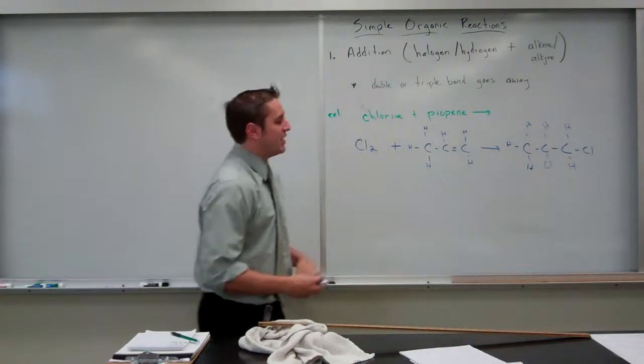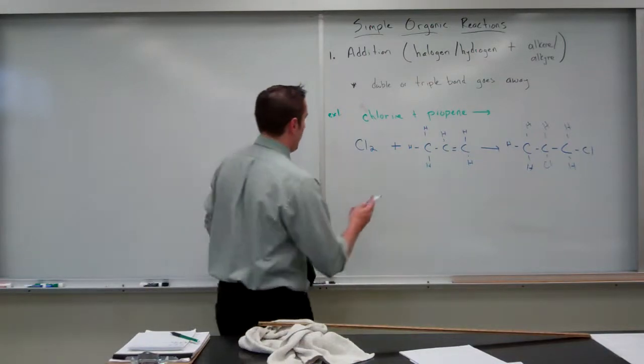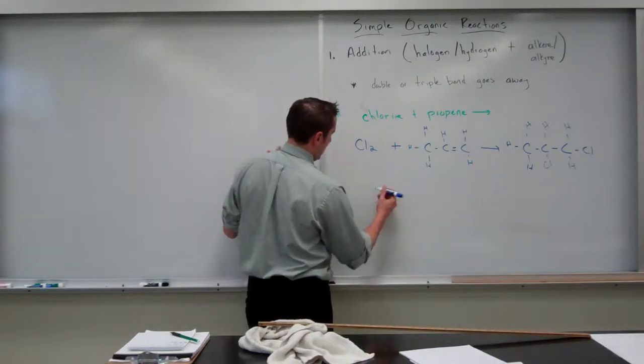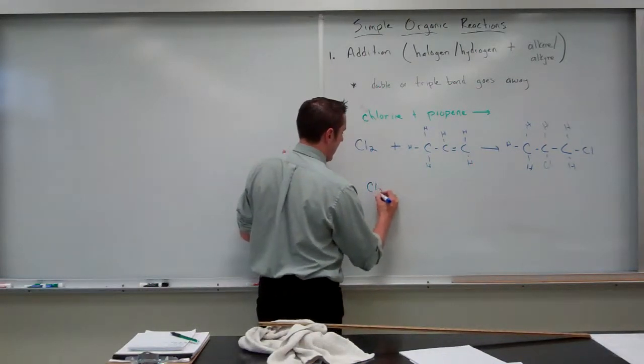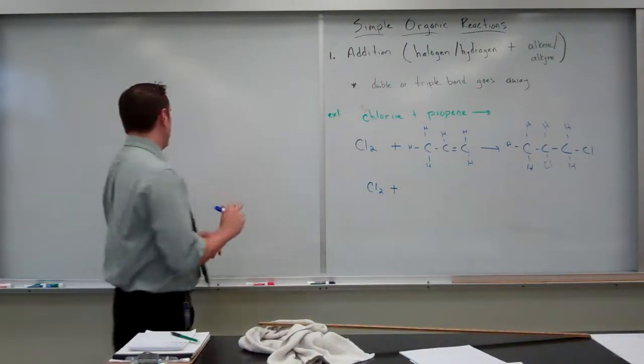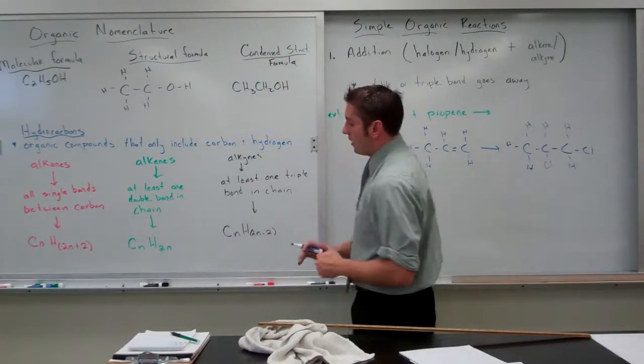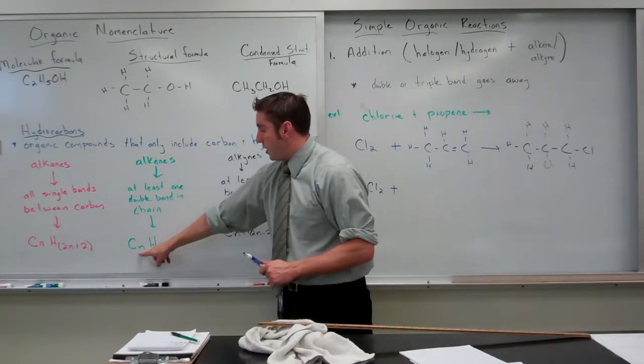The great news is if you don't want to draw this, you do not have to. You can write formulas for this. Chlorine is Cl2 plus prop, where n equals 3. And if we go way back to the beginning with an alkene, if n is 3, we know the formula.